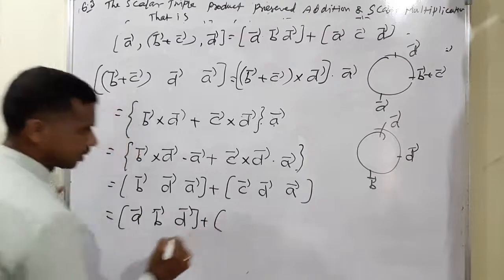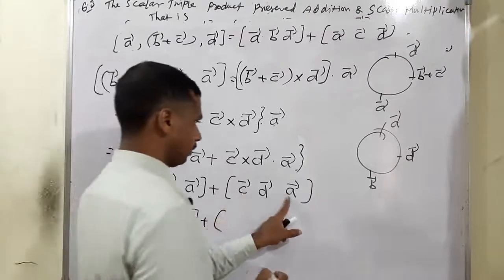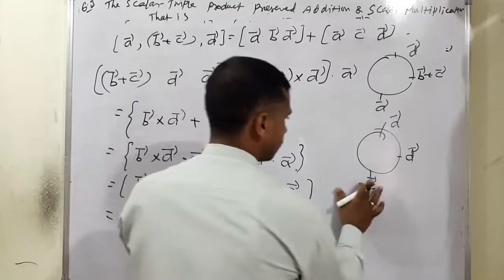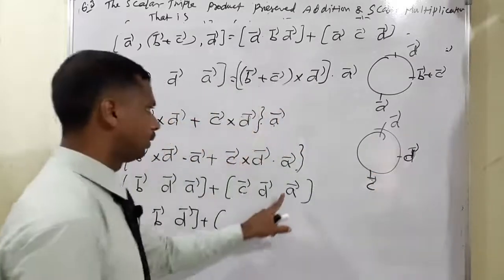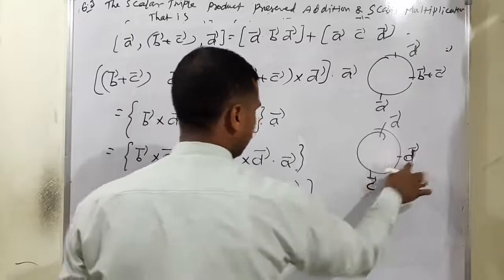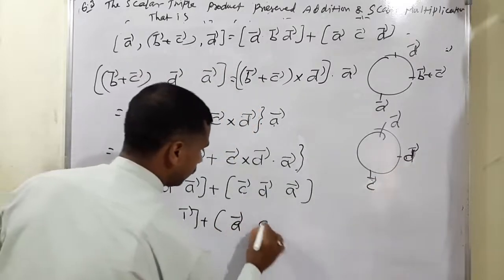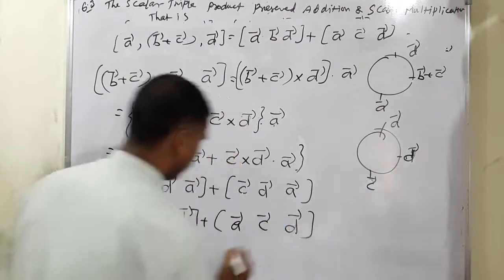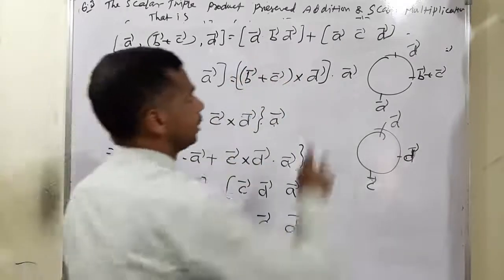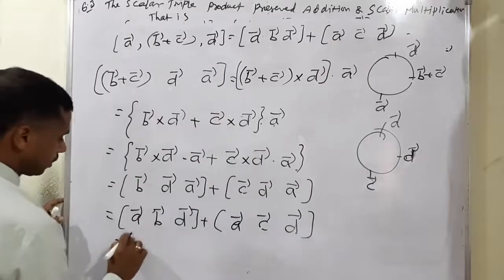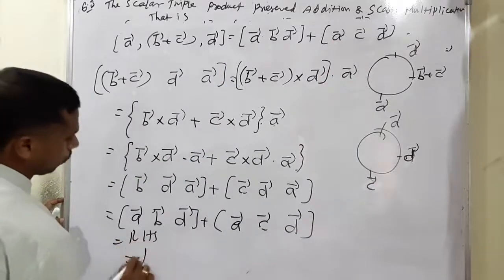Plus the same concept starting with C: this is CDA, so starting with A it is A vector, C vector, D vector. Look at there, ABD, ABD, then ACD, ACD. This is RHS, so hence proved.